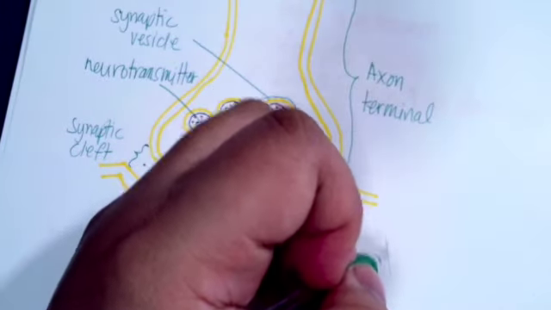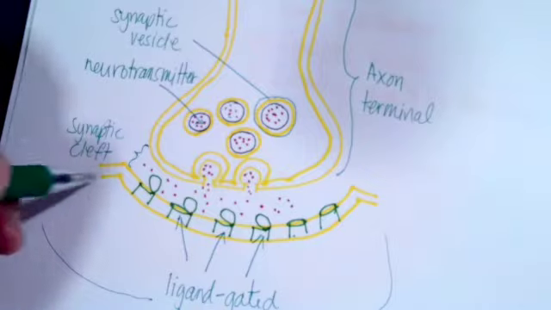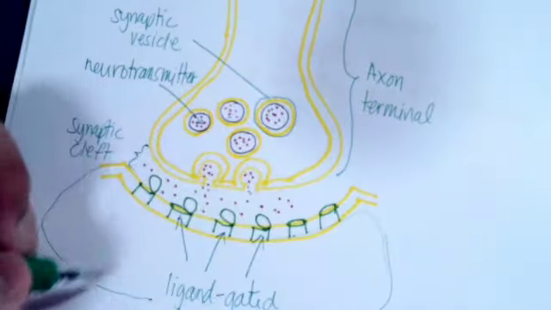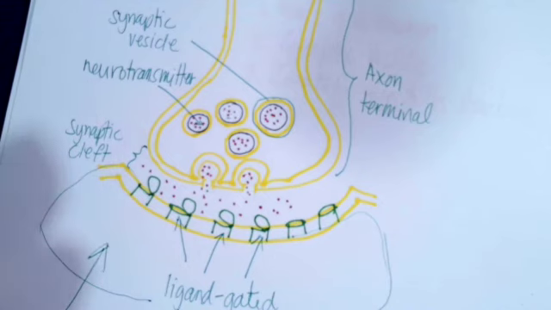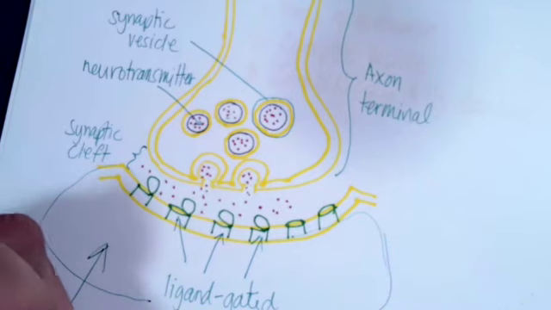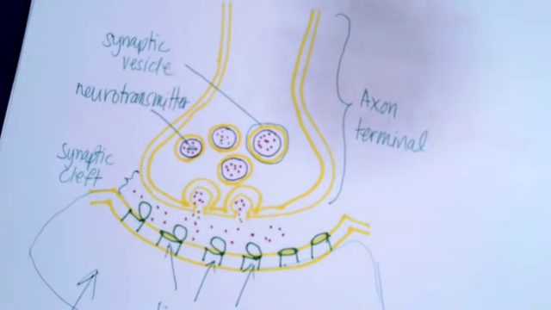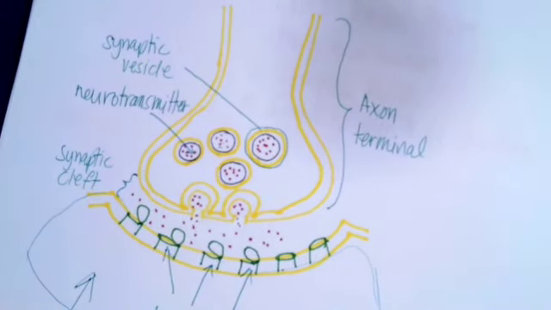And this whole thing over here, from here to here, is what we call the postsynaptic neuron. So there it goes. These are the structures of the synaptic vesicle.